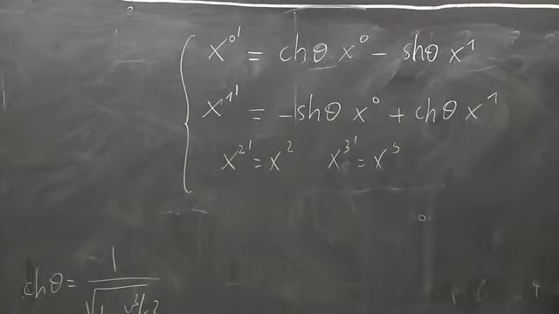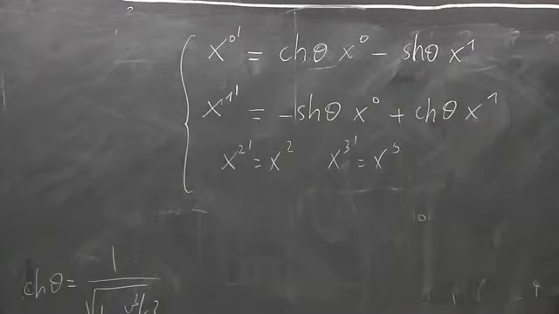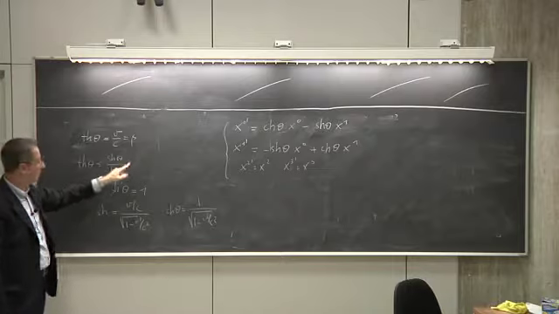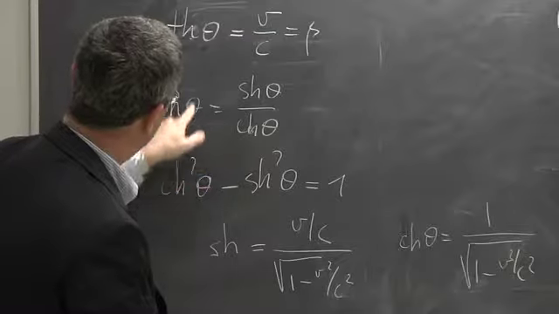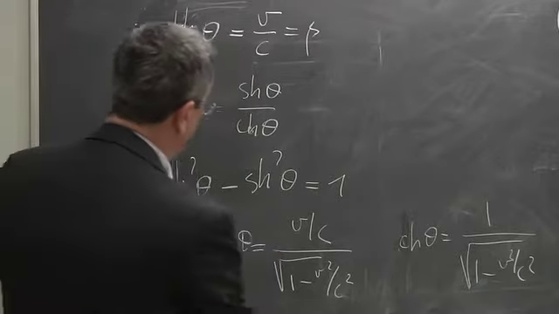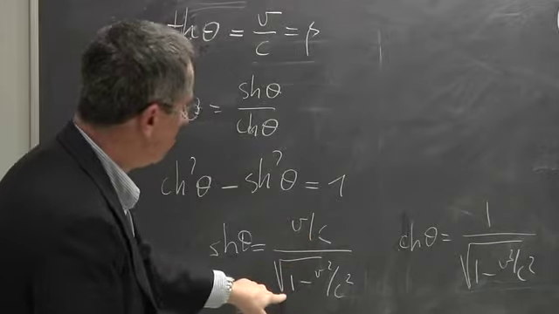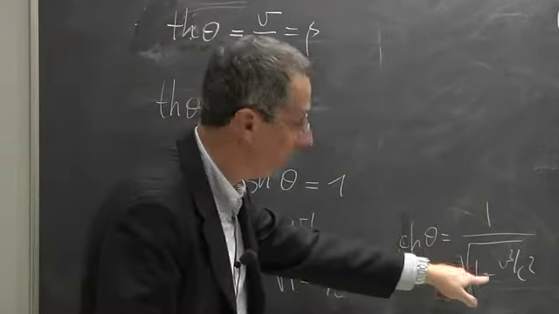Do you see that? Yes, no? So you see, if I define this angle in such a way that the hyperbolic tangent is equal to beta, then using this property, the hyperbolic sine must be V over C divided by this, and the cosh is equal to this, right?